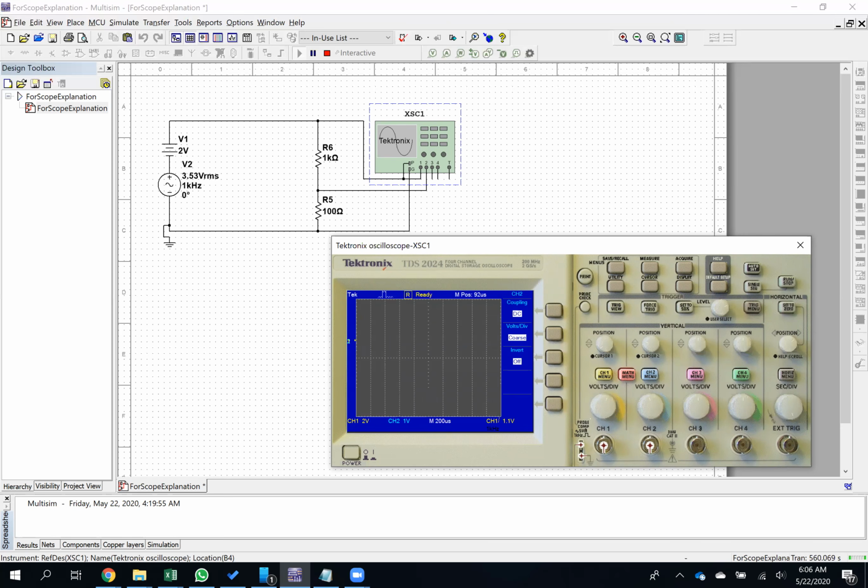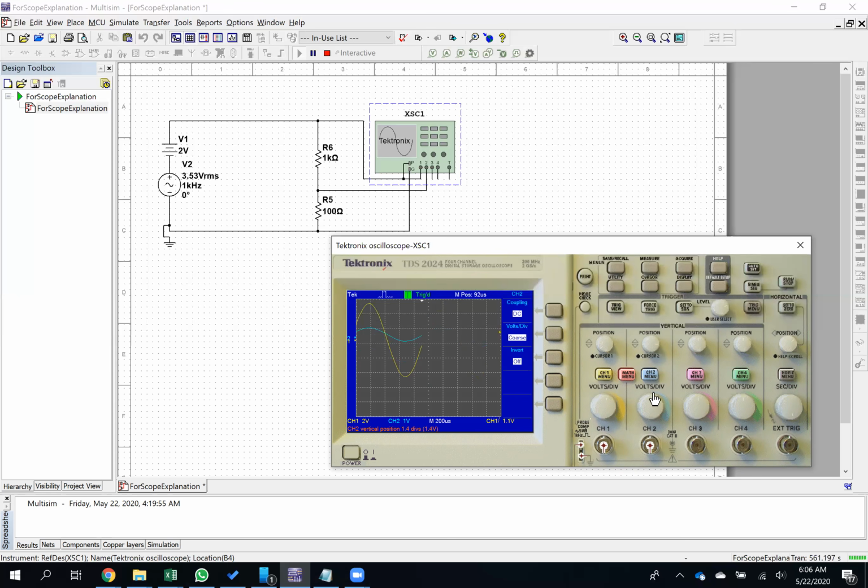Now, if I want to use the math function, I need to put channel 1 and channel 2 on the same scale. So I'm going to set channel 2 to 2 volts per division as well. Oh, I'm changing the wrong thing. I'm changing up-down position. I meant to change volts per division.